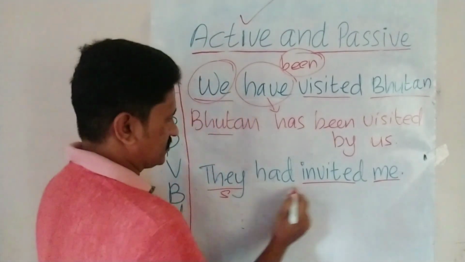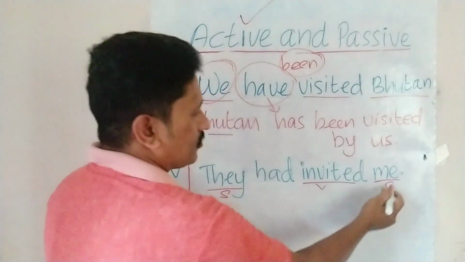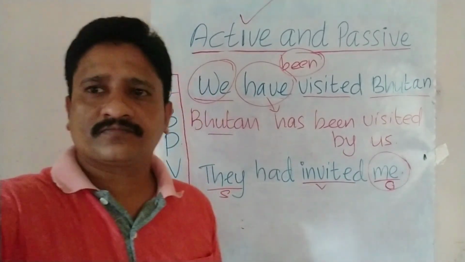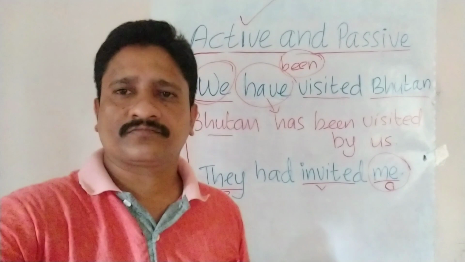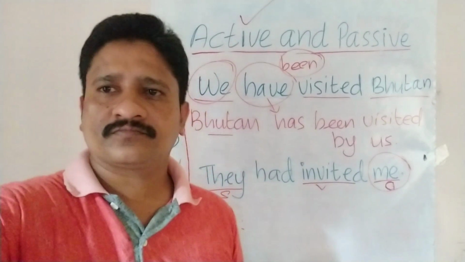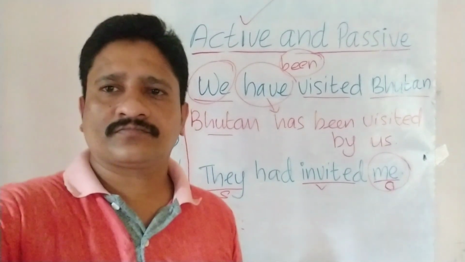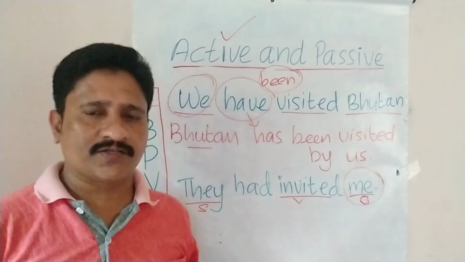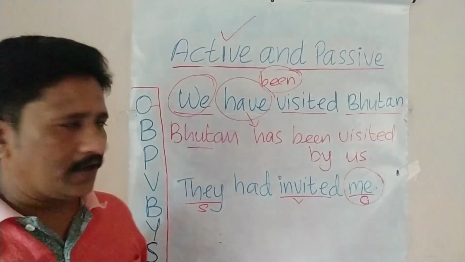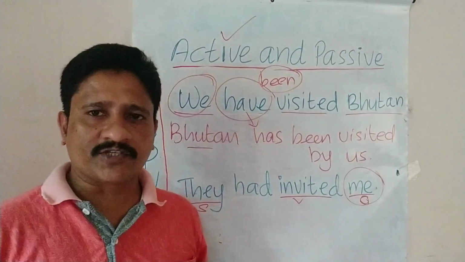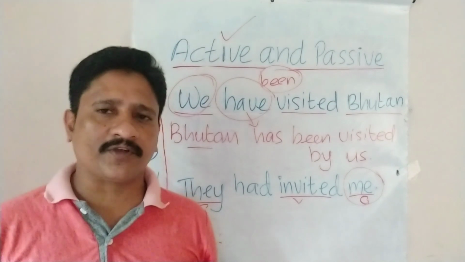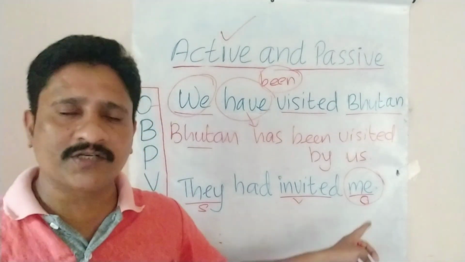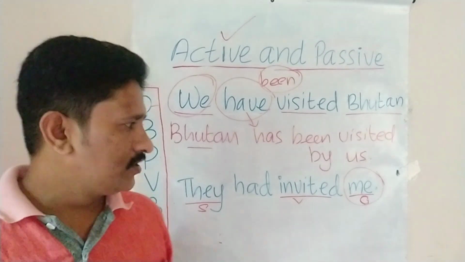Similarly in the sentence here, they, subject, invited me. So subject, verb, object. Now, when you bring this object to the beginning of the sentence in passive voice, this object, which is a pronoun in the objective case, has to be changed into the subjective version.